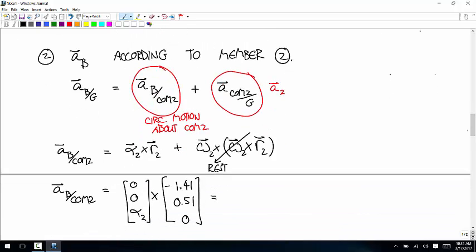And if you do that cross product, you get that the acceleration of B, according to member 2, is negative 0.51 alpha 2, negative 1.41 alpha 2, 0.